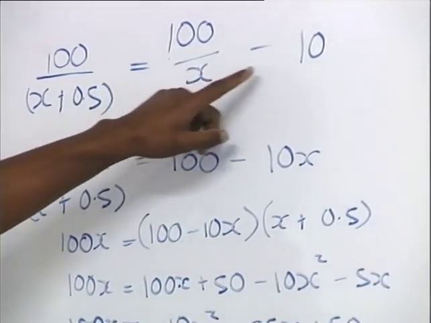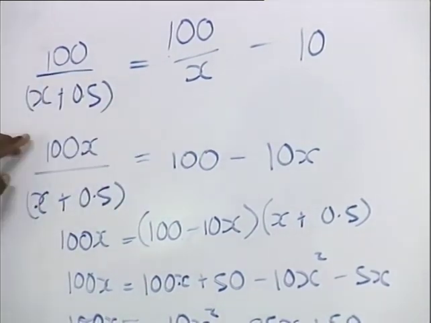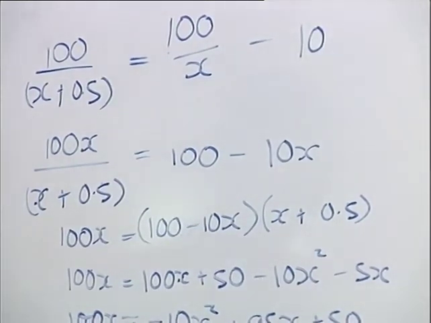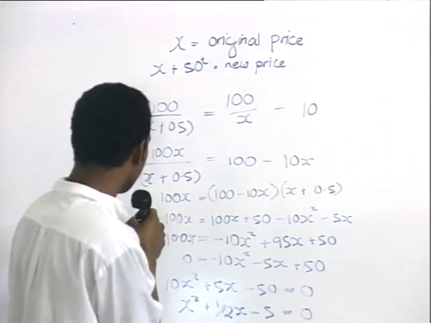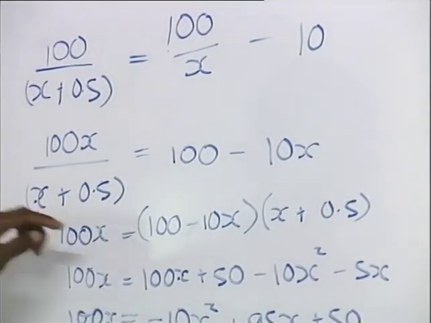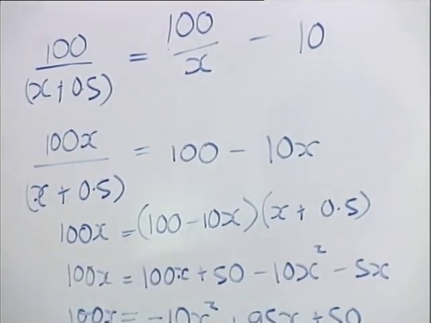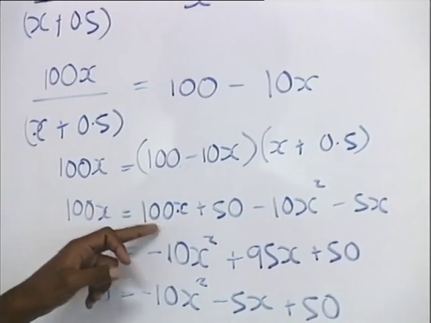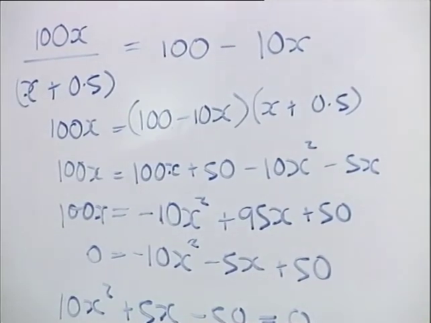We multiply through: 100x over x plus 50 toea, and x multiplied by 10 equals 10x. So 100x equals 100 minus 10x in one bracket multiplied by x plus 50 toea in another bracket, which gives 100x plus 50 minus 10x squared minus 5x.